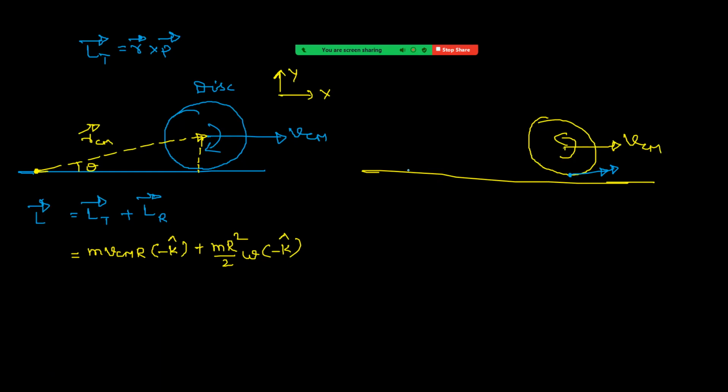Okay. And we want to calculate about a point. If this is the x-axis, about a point, what is the angular momentum? The only change you can see: because of translation, it is again the minus k cap direction. L bar is m into VCM into R into minus k cap.